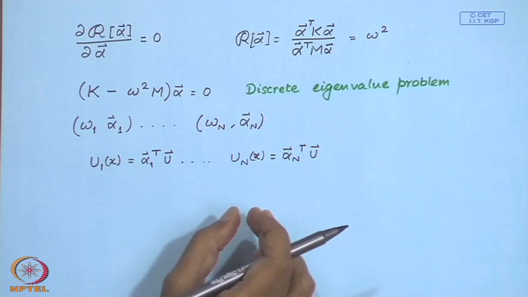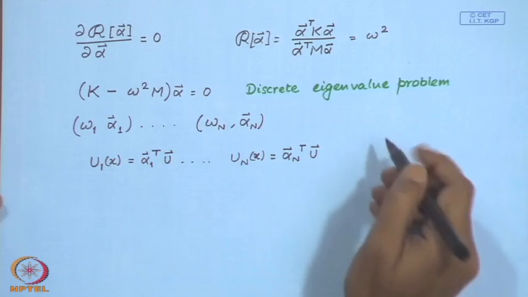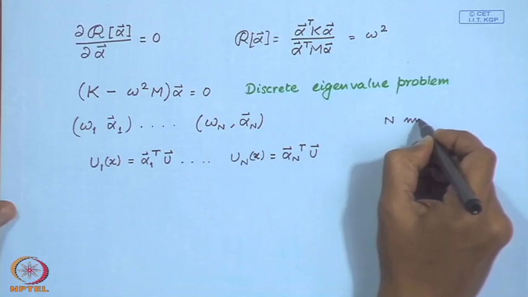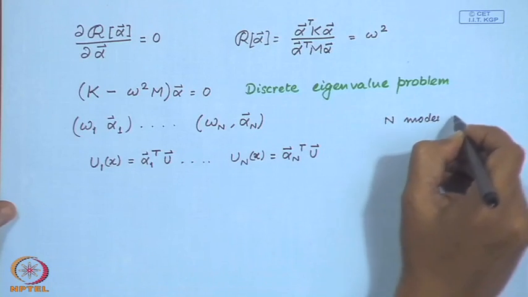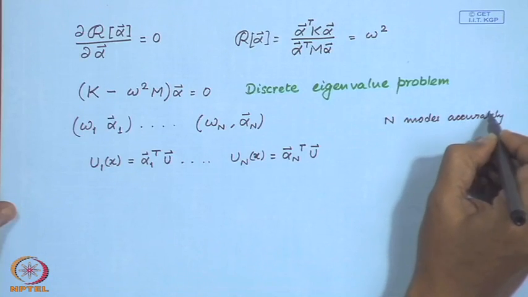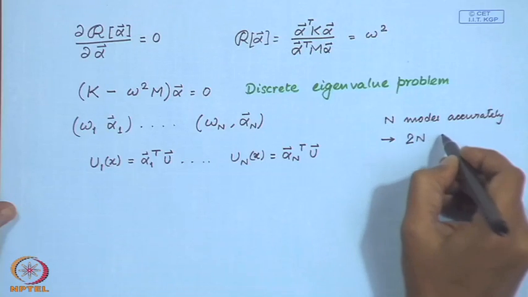as a rule of thumb, if we want n modes accurately, we must take 2n terms in the expansion.